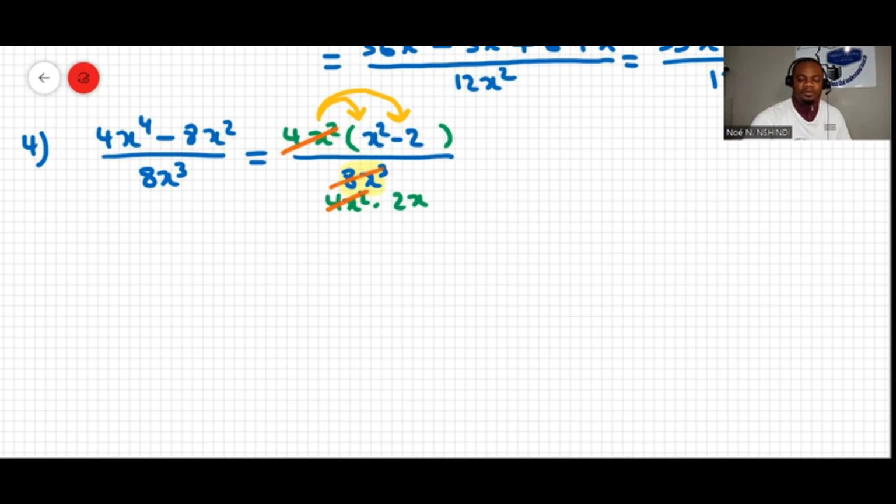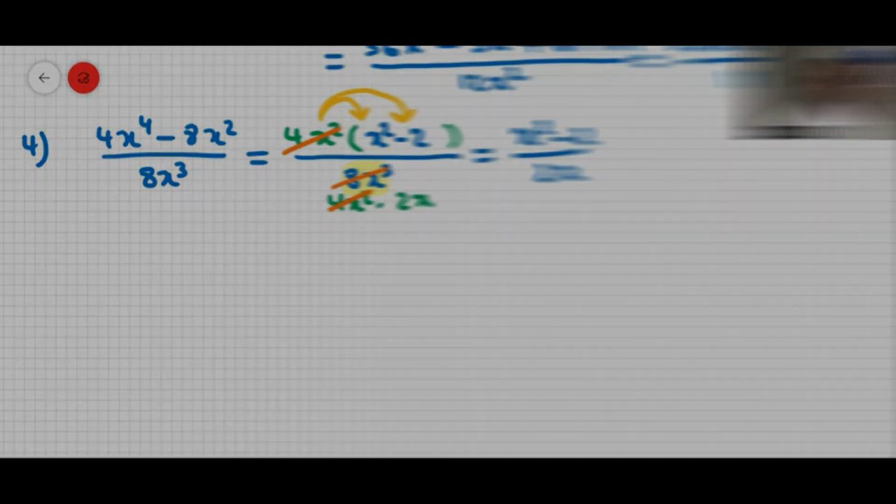When we simplify, we're left with 2x. Or someone could just say 4 and 8 cross, and then x to the power of 2 and x to the power of 3, and we're left with that. This will be x squared minus 2 over 2x. So that's the final answer.